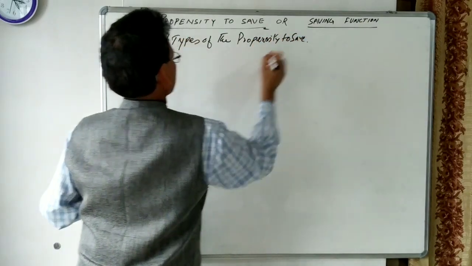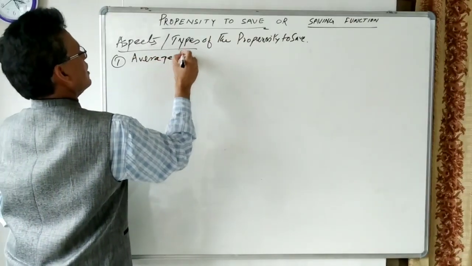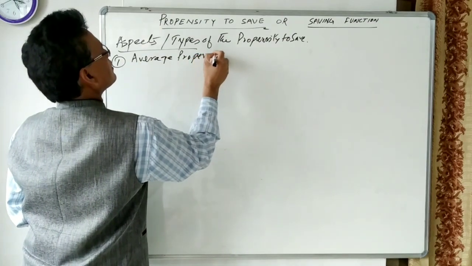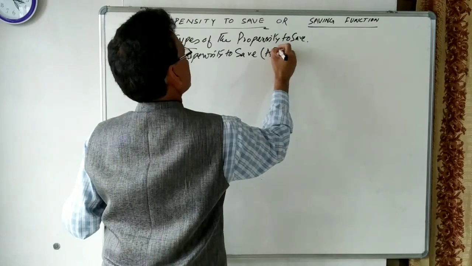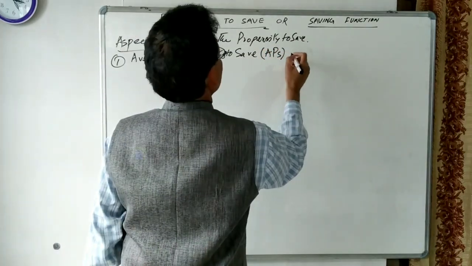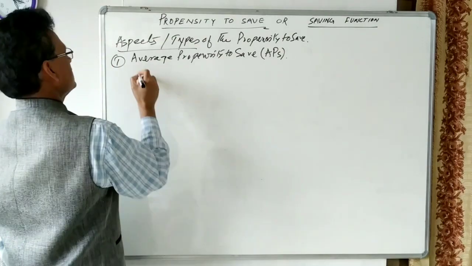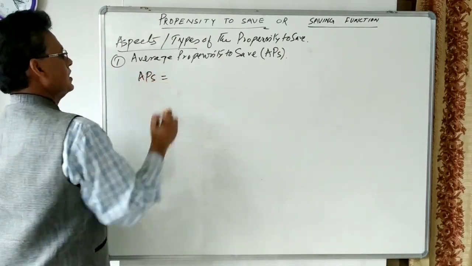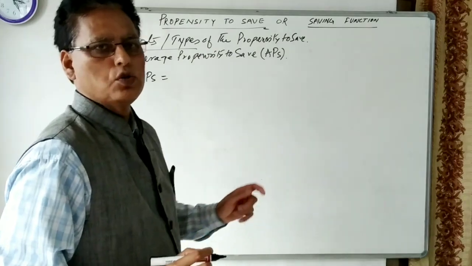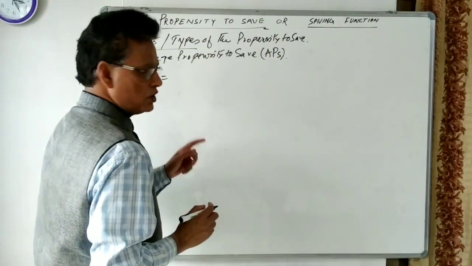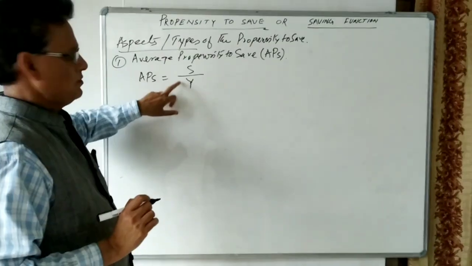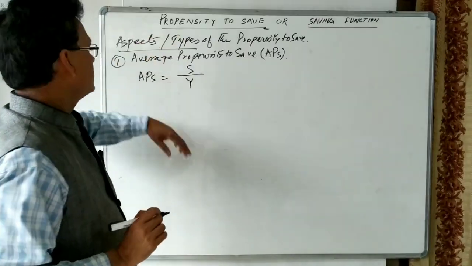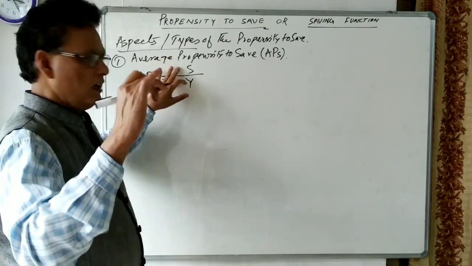One is average propensity to save, denoted as APS. Let us see what APS is. APS is the ratio of total saving to total income. Total saving divided by total income. When income increases, this ratio will go on increasing.